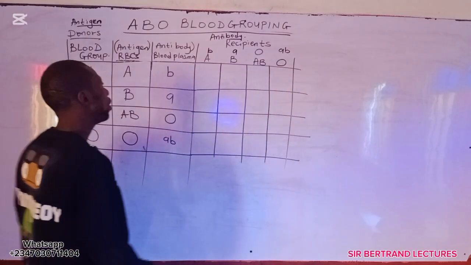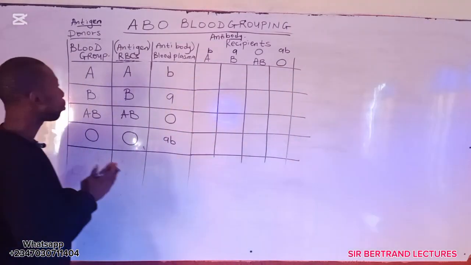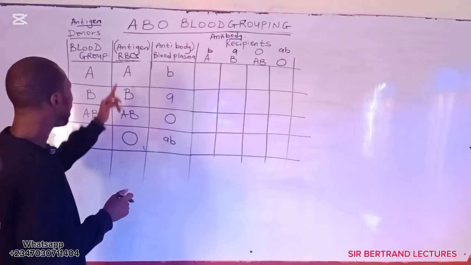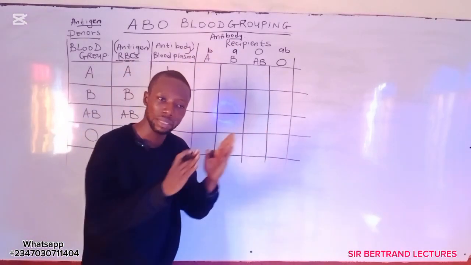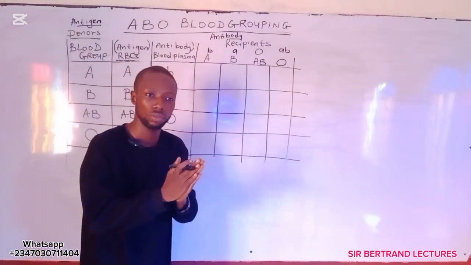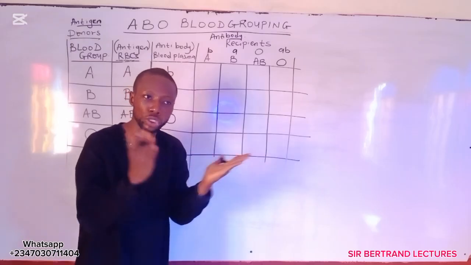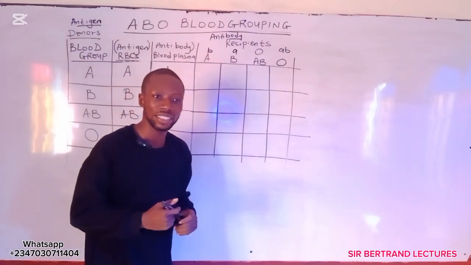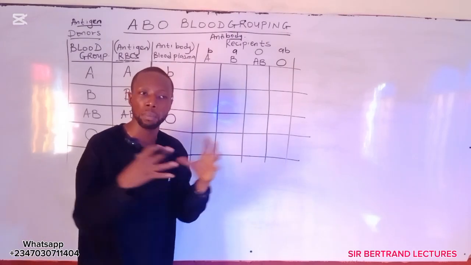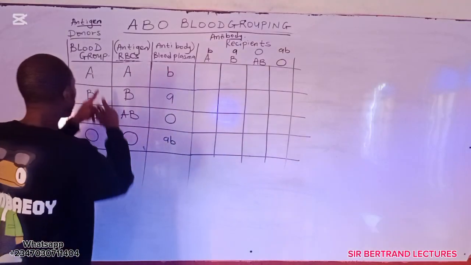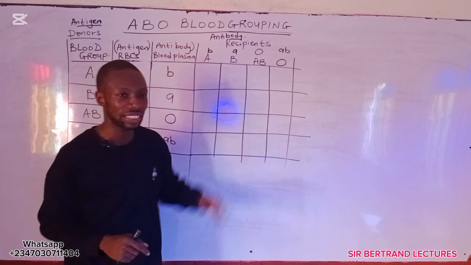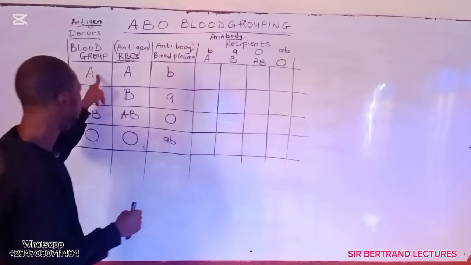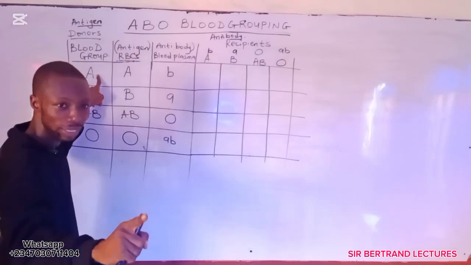Now during the blood transfusion, if the antigen of the donor and the antibody of the recipient are similar, the blood cannot go. Okay, the blood cannot match together. That is to say, the bloods are not compatible. Okay, so we are looking at the possibility to know which of the groups receives blood from blood group A. Remember what I told you.